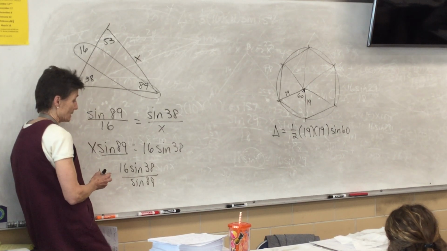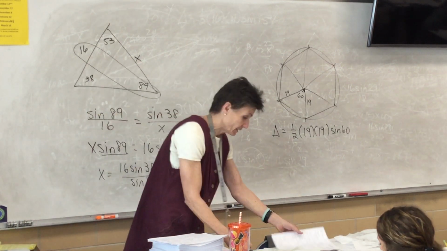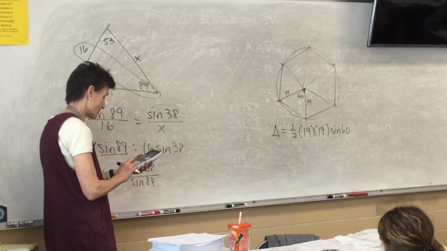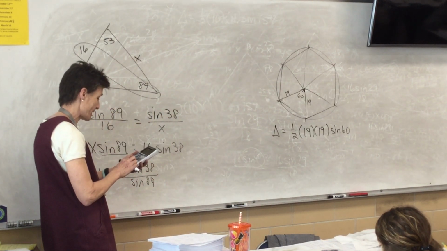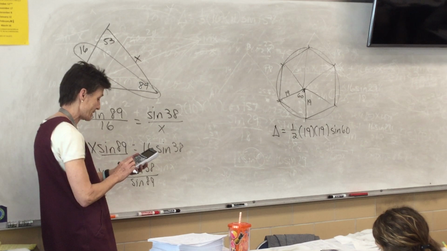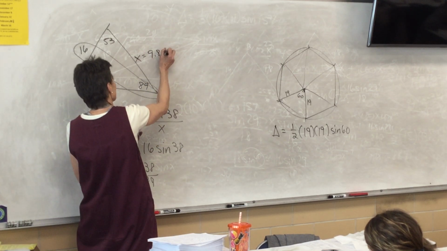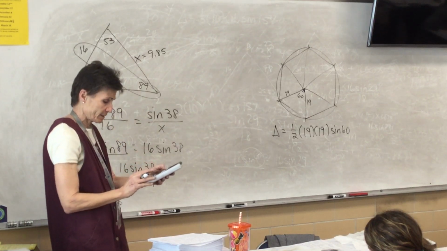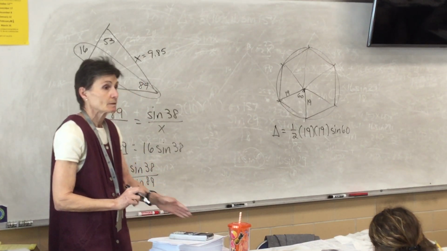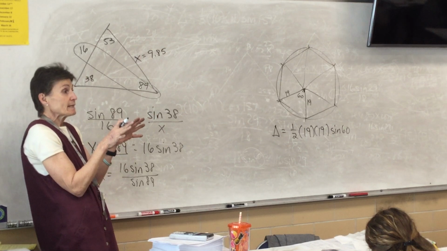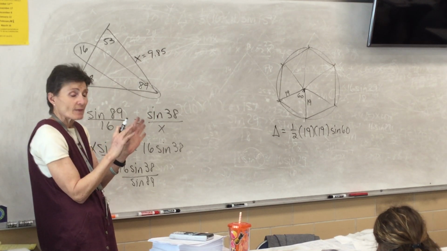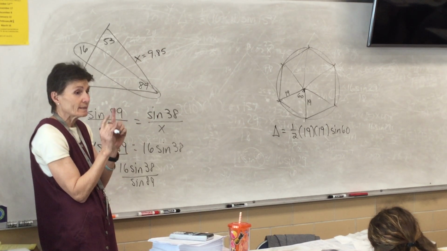And I'm gonna type that in on my calculator. So 16 sine 38 divided by sine 89. And it gives me 9.85. Would anybody agree with that? Now, don't get excited and put that in the answer blank. That is not the answer. We wanted the area.